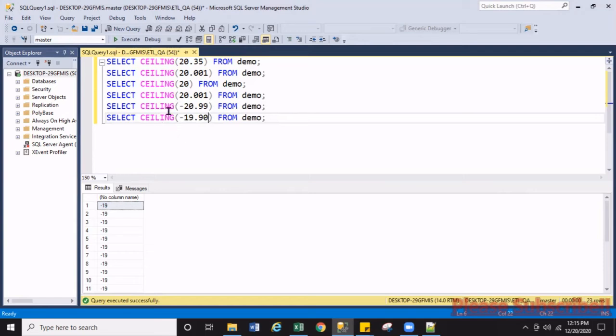You might be confused here, because with minus 19.90, you would think it should convert to minus 20. Now think, is minus 20 more, or minus 19.90 more? Definitely, while looking, minus 20 looks more.